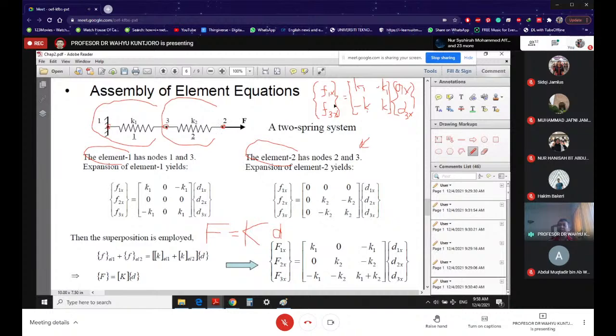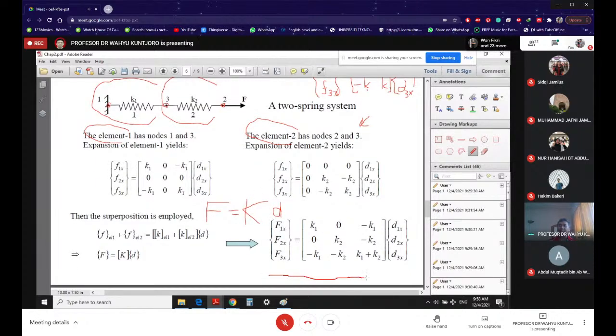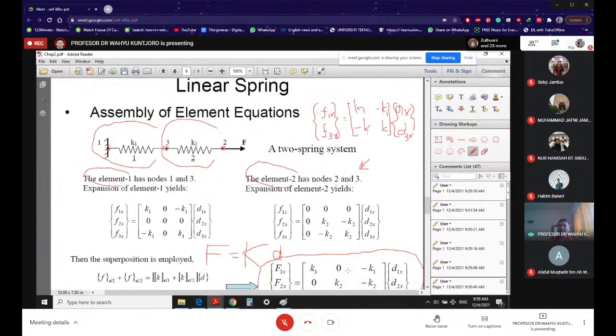The element is 2 by 2, but the structure is 3 by 3. Why is it 3 by 3? Because, of course, it has 3 nodes, every node has 1 degree of freedom, only X displacement. Then it is going to be 3 by 3. And F equal to KD is this one here, F equal to KD of the structure. So this is the structural equation. What you see at the top is the element equation.